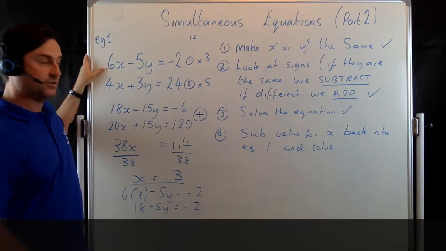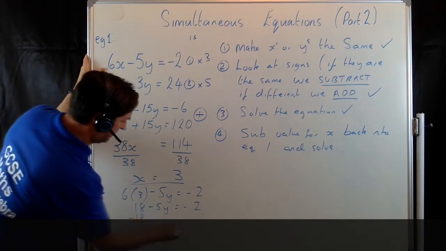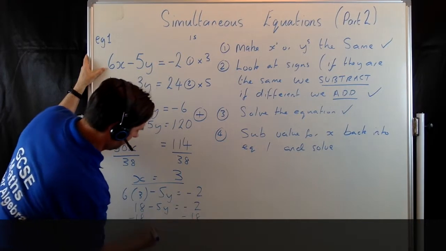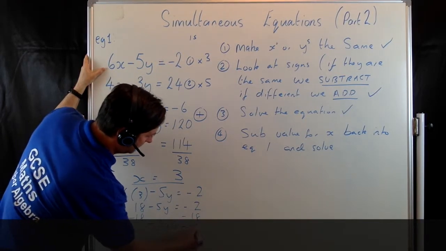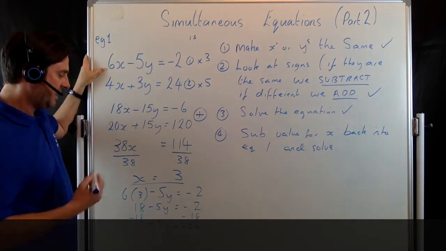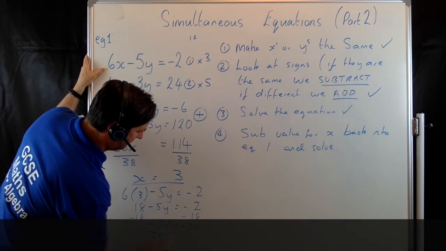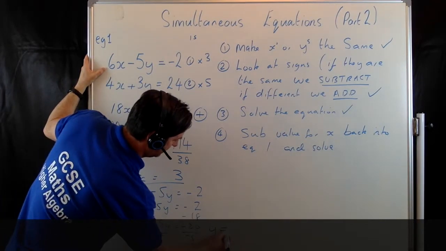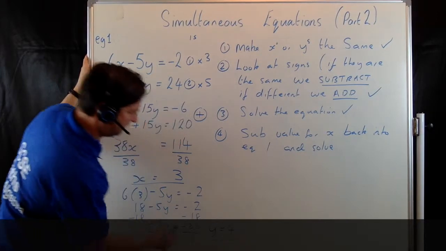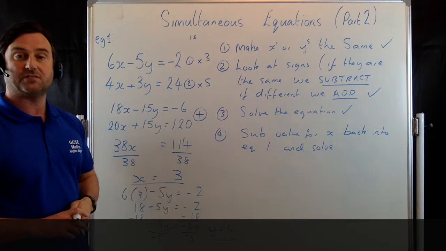I've now just got to solve that equation, take the 18 away from both sides, so I'm left with minus 5y equals minus 20, and then divide both sides by the negative 5, and I'm left with y equals a positive 4 because negative 20 divided by a negative gives me a positive answer.